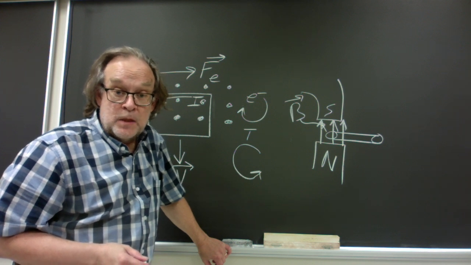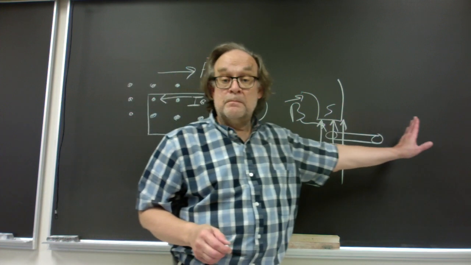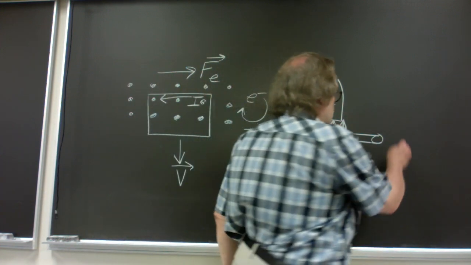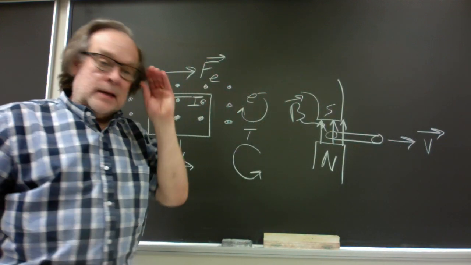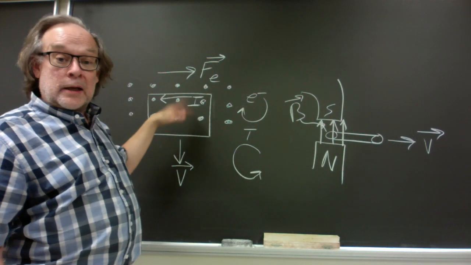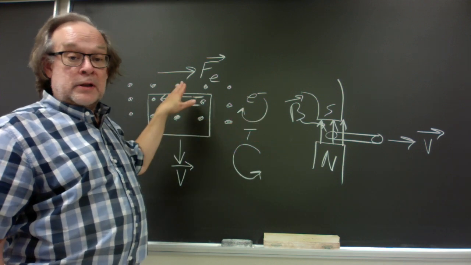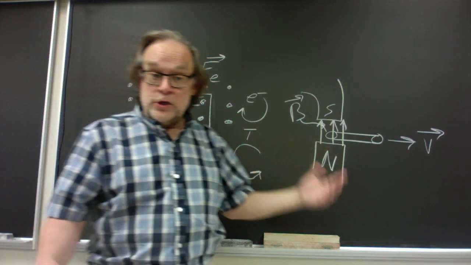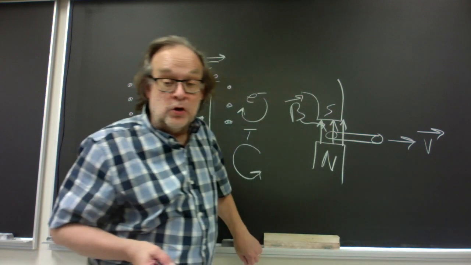And imagine we're pulling that loop to the right. So the loop has some velocity to the right. And that's going to turn out to look a lot like this, because in both cases we have a loop that's partly in and partly out of a region of magnetic field, right? Just this part of the loop is inside magnetic field.